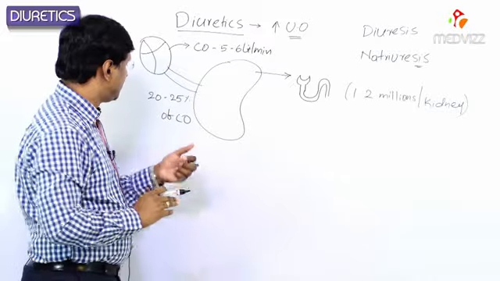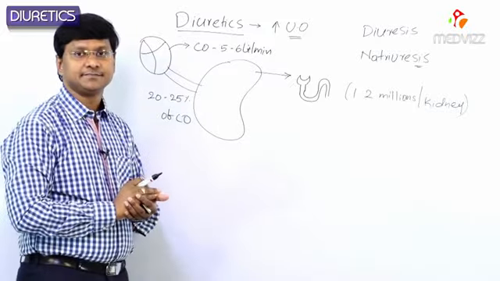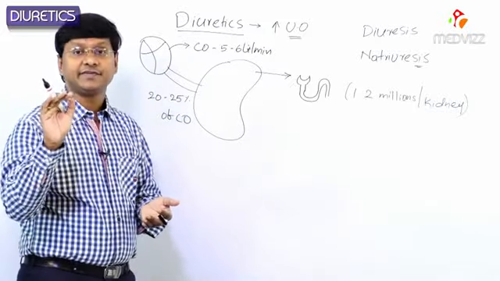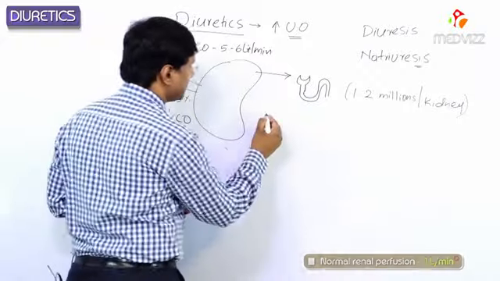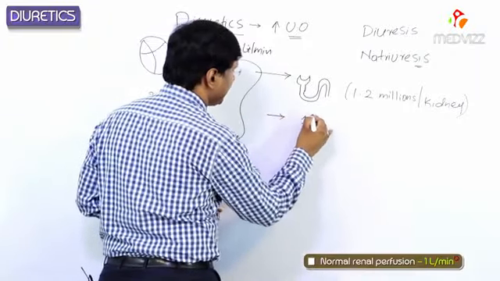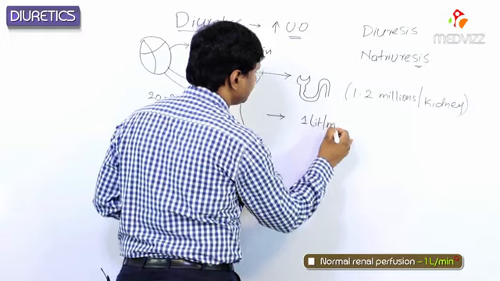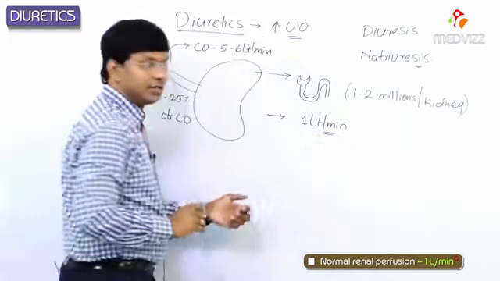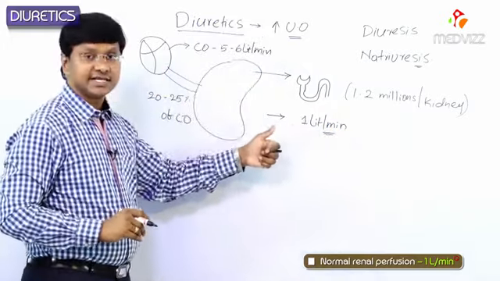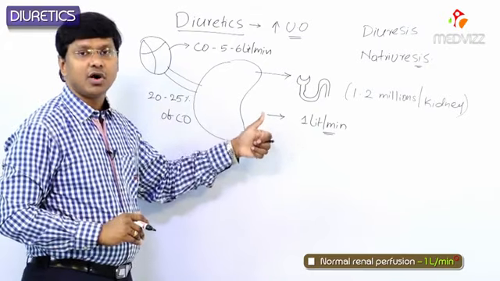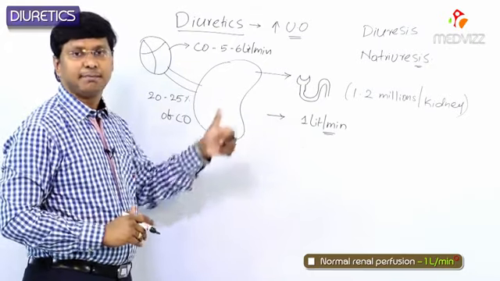Now take this 20 to 25%, which is nearly around 1 liter per minute. The kidney is receiving 1 liter of renal perfusion per minute.